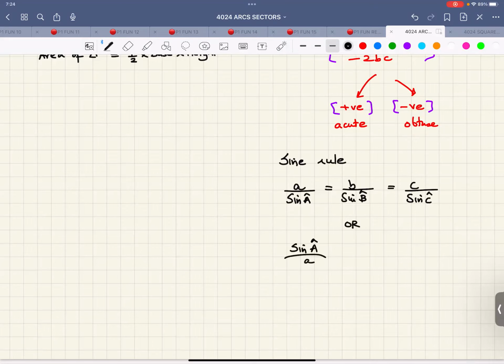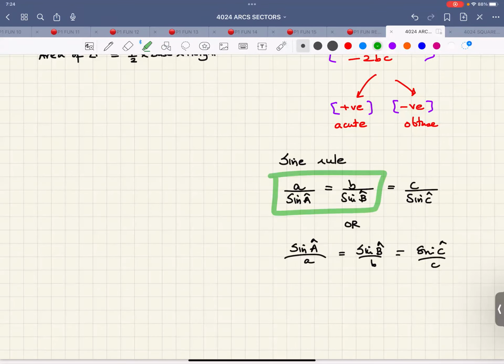Sine A over a. And then we have again a sine, no cosine. Sine B over b. And then we have sine C over c. At a time, we use only two of them. For example, I could be using these two like this. I could be using these two like this.